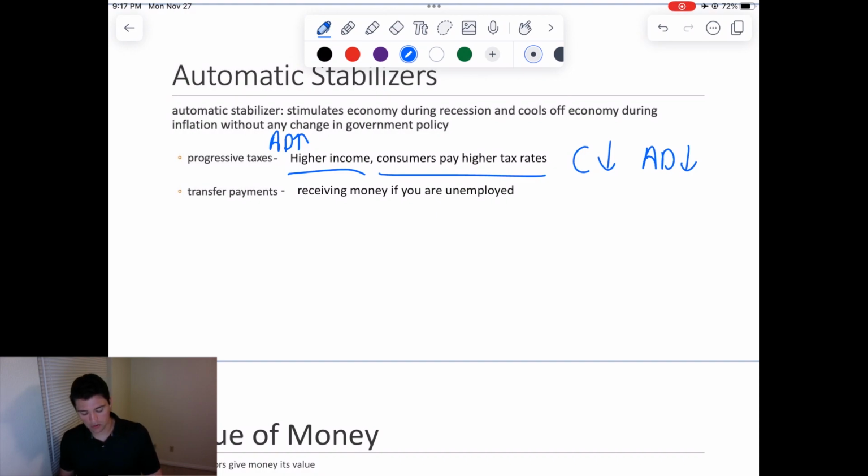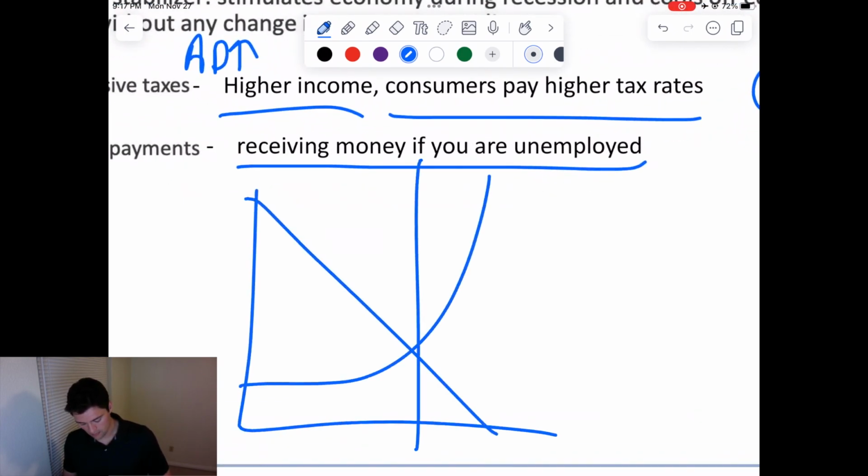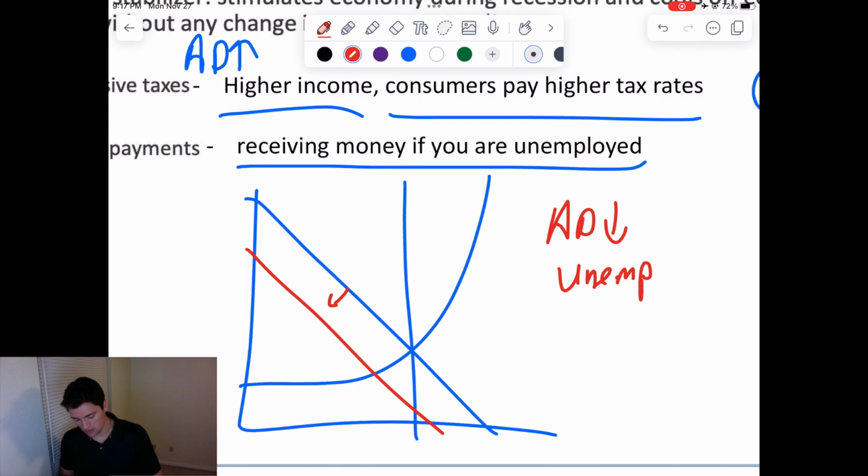We could have a thing with transfer payments, where, remember, transfer payments could be like if you're receiving money for unemployment. So let's say we are in equilibrium and consumers are pessimistic, which decreases aggregate demand, and unemployment goes up, disposable income is 0, so consumption is 0.